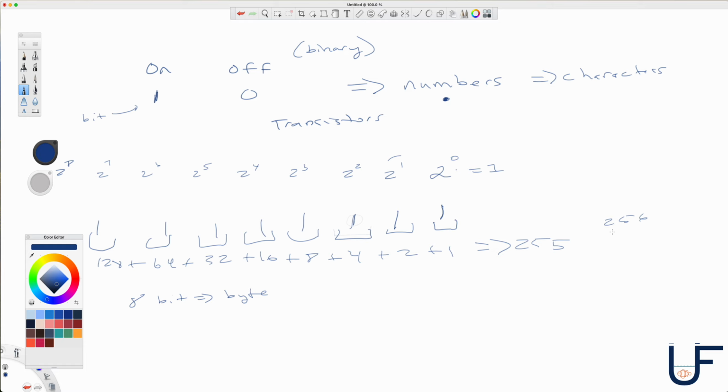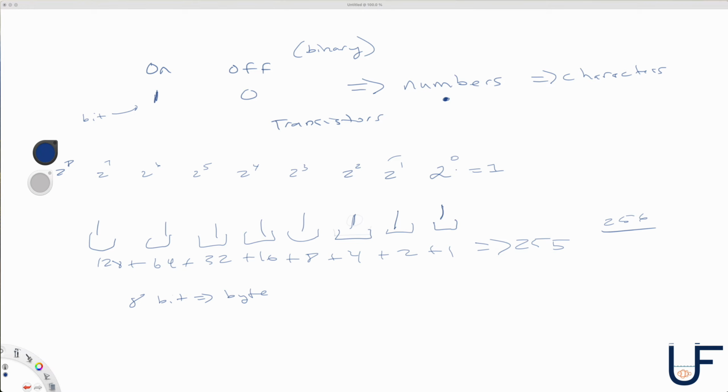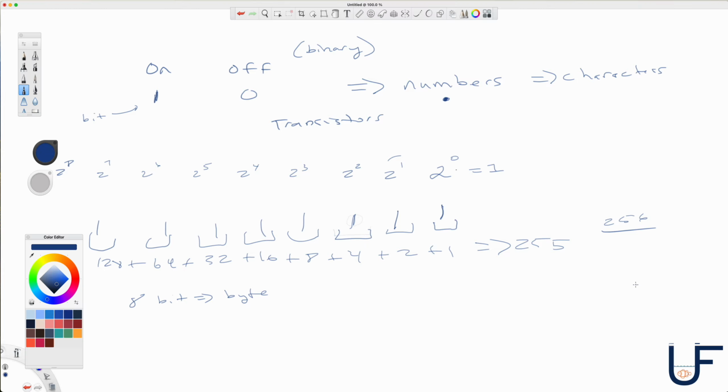So what we got to is these 256 values, right? Numbers that we can convey. But what good is that going to do? How do we convert that to characters? So a group got together, the American Standards Code for Information Interchange, and they did exactly that. They came up with a table that said the letter A equals some number. I'm not going to give you the exact value, but actually, I know this particular one.